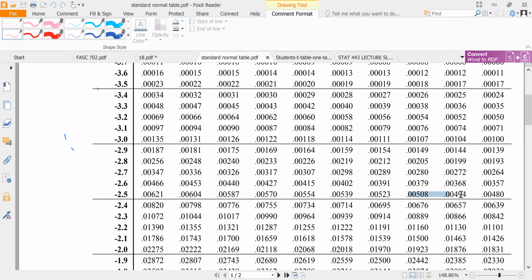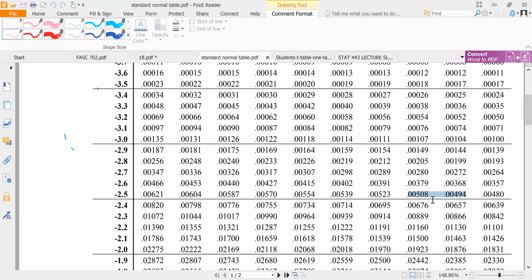0.005. Please note these two values. Between these two values, we have a probability of 0.0025, or rather 0.005 between these two values here.